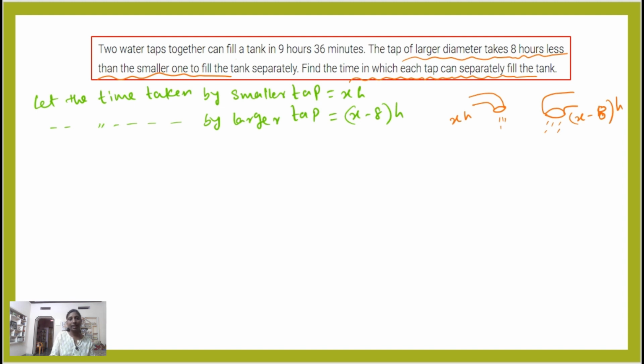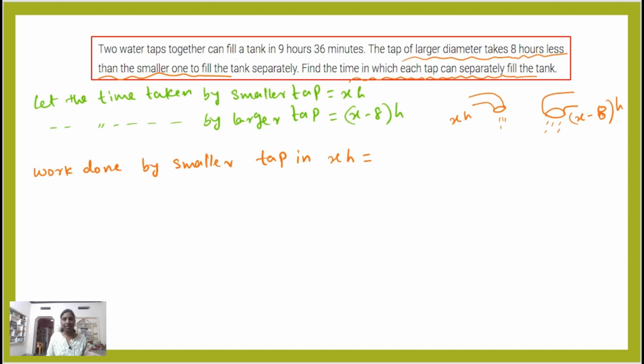See, now I can write: work done by the smaller tap in X hours. The smaller tap does some work.